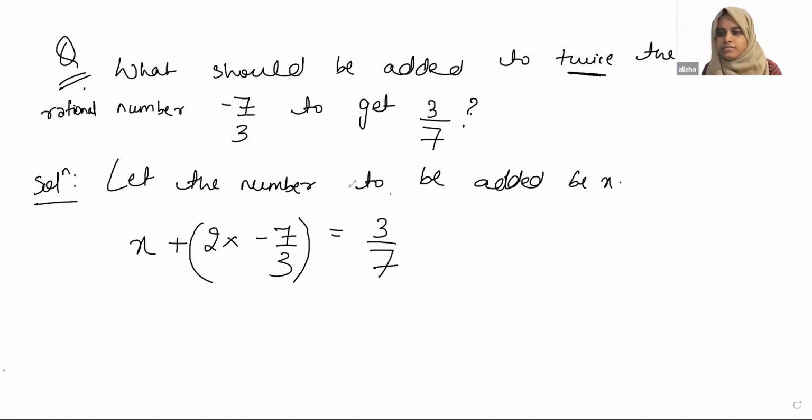Try to solve it and tell me the answer. Okay, try.